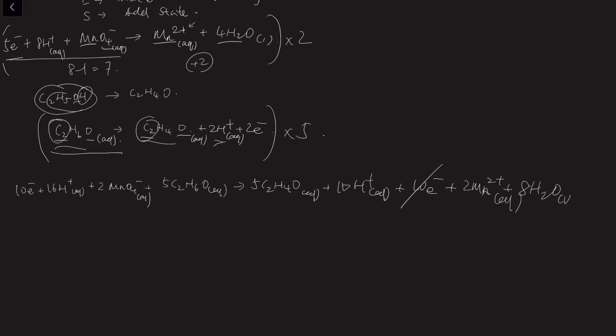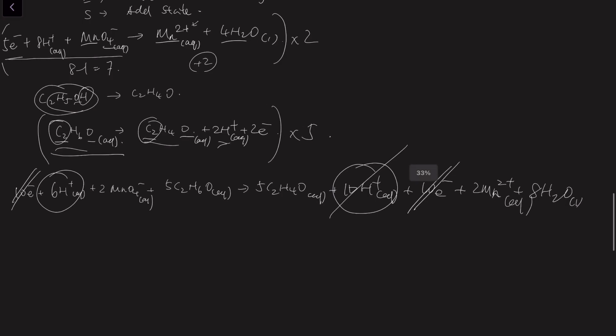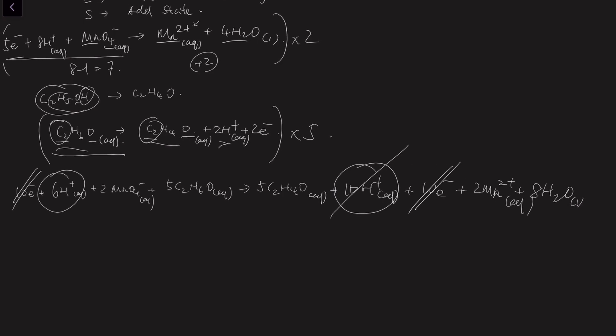We can cancel out the electron. The electron should always cancel out in your complete chemical reaction, because we should not be creating or destroying any electrons. We have 10 hydrogen ions on the right, 16 on the left. So we can cancel this one out, and this 16 becomes 6. And the rest are all balanced. So that's how you're writing the complex half equations under acidic conditions.